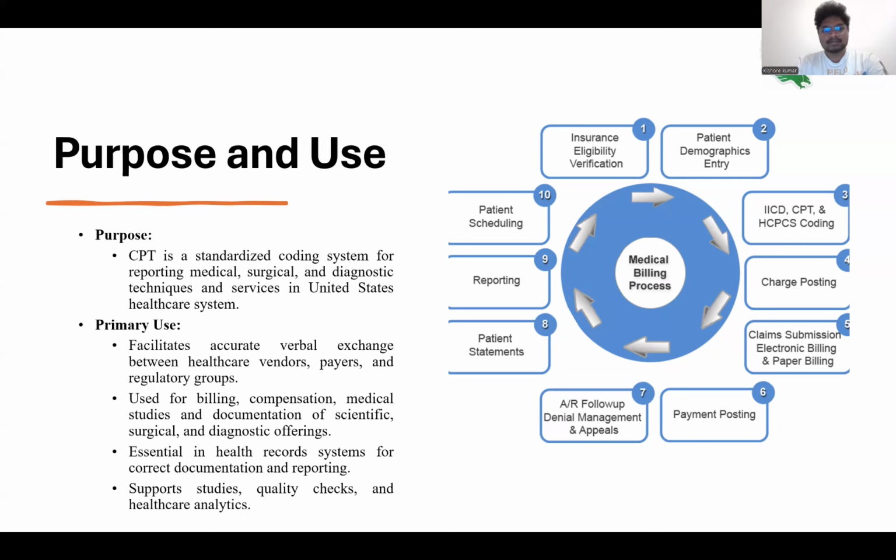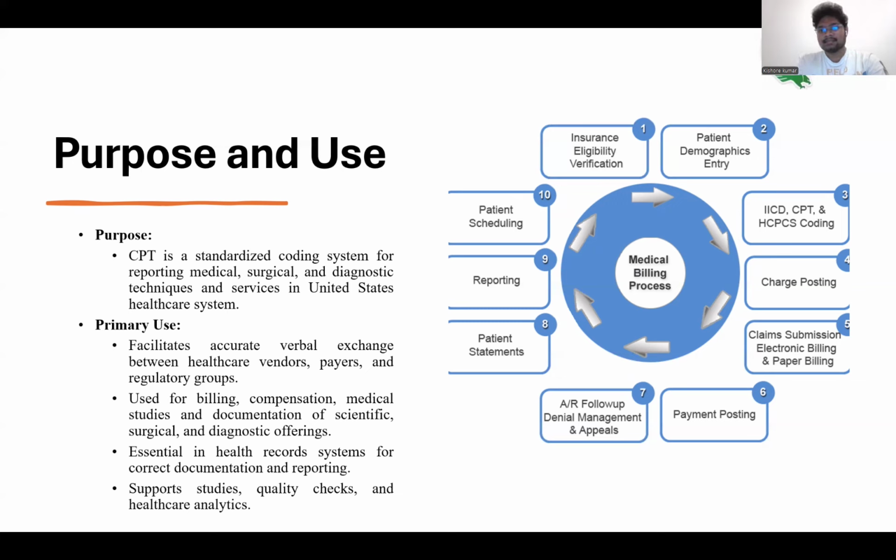It is used for billing and compensation, medical studies, and documentation of clinical, surgical, and diagnostic services. It is essential in health record systems for correct documentation and reporting. The CPT also supports studies, quality checks, and healthcare analytics.